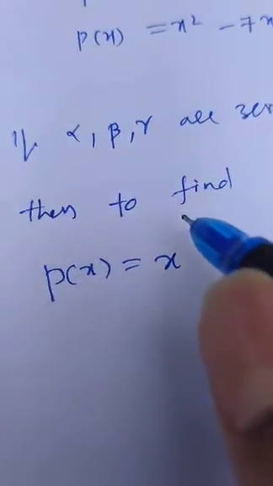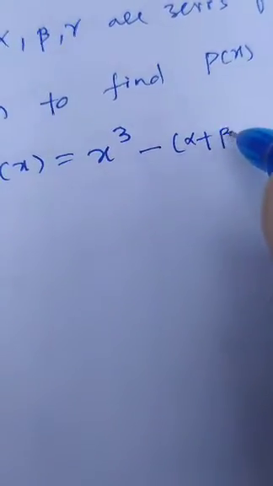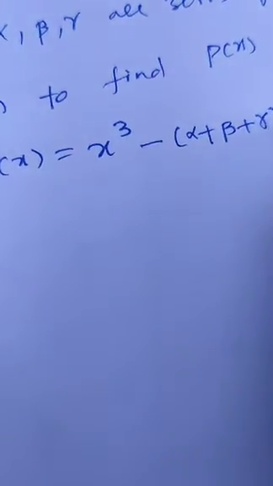So here there are three zeros, so you will get a cubic polynomial. X cube minus alpha plus beta plus gamma, the sum of the zeros, into x square, plus the sum of products of two zeros, alpha beta, beta gamma, gamma alpha, into x, minus the product of the three zeros, alpha beta gamma.